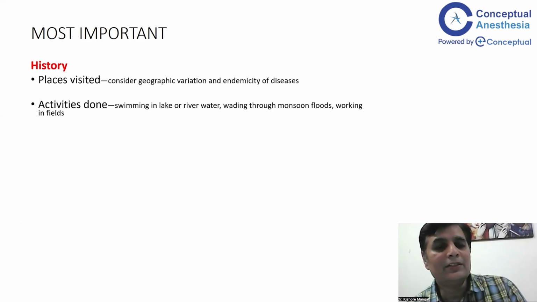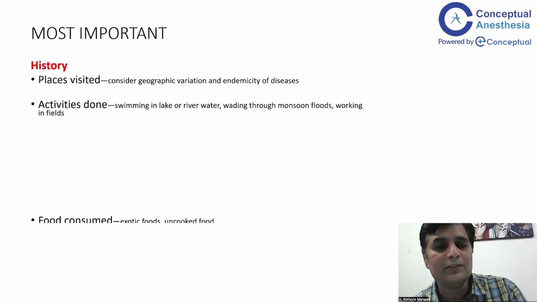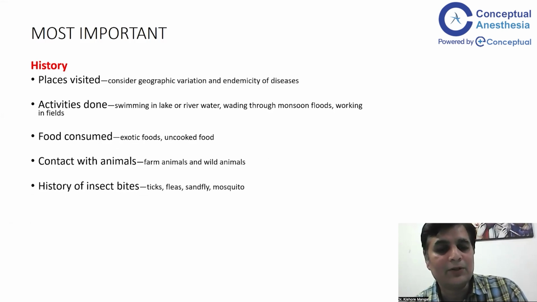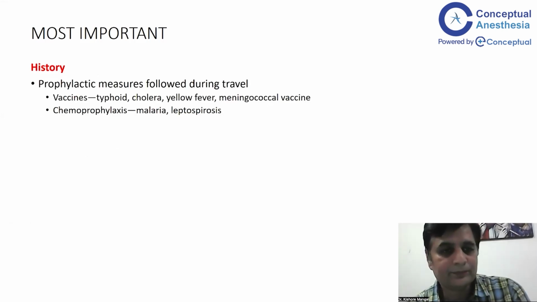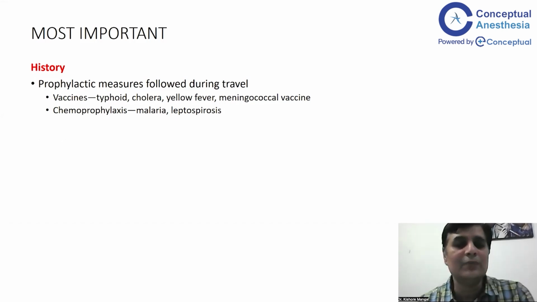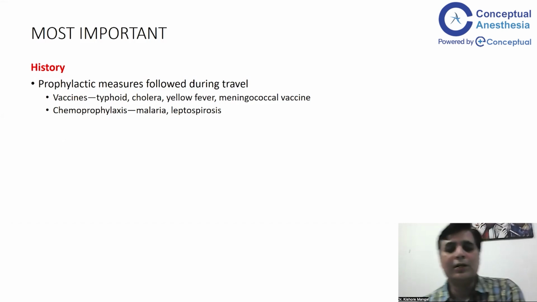What activities did the patient do in the last few days, like swimming, wading through monsoon floods, working in fields? Was outside food consumed? Was there contact with animals, and a history of bite? This is very, very important. Then you must also ask about vaccine history as well as prophylaxis history, especially from patients who are traveling from outside.